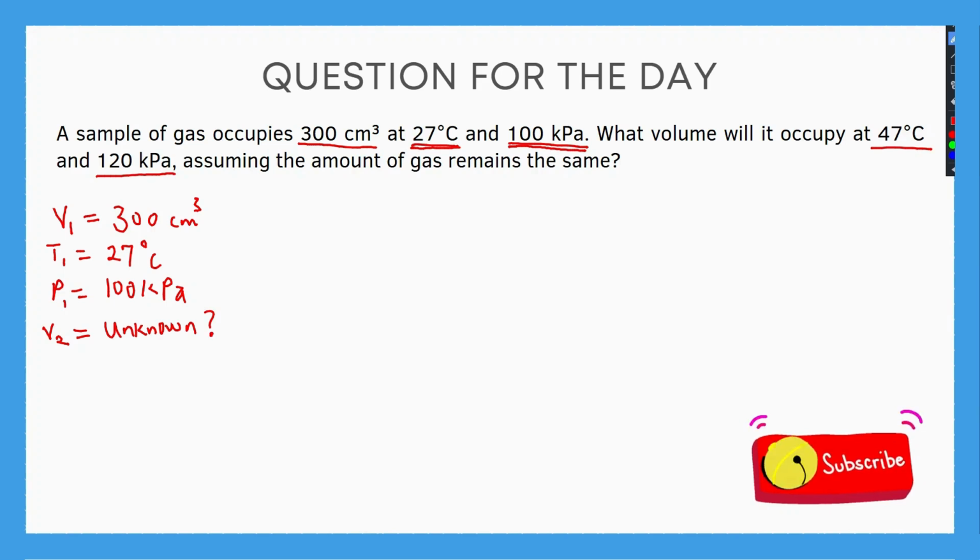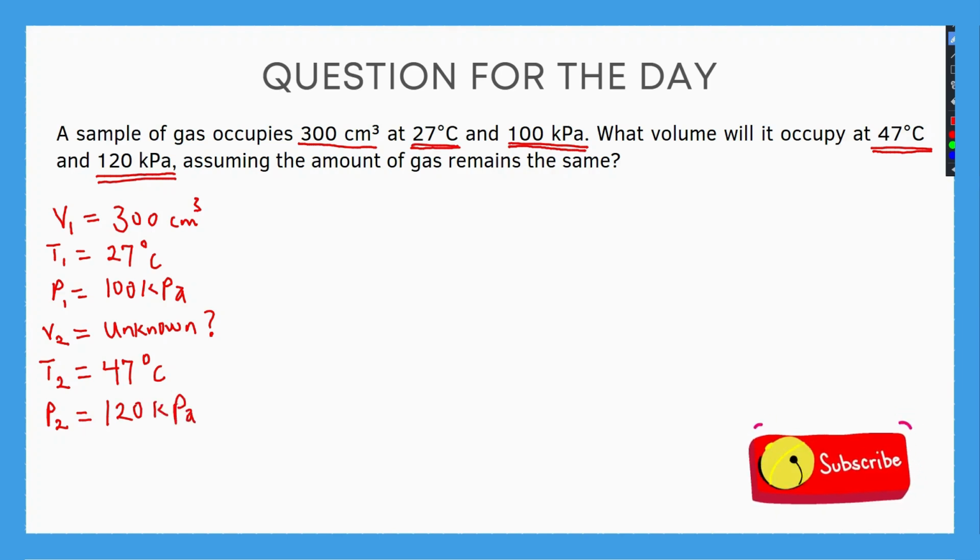So now they're saying what volume will it occupy at 47 degrees Celsius. 47 degrees Celsius tells us that the second temperature T2 is 47 degrees Celsius and 120 kilopascals. That is, the second pressure P2 is 120 kPa. Now, they said what volume will it occupy, assuming the amount of gas remains the same.